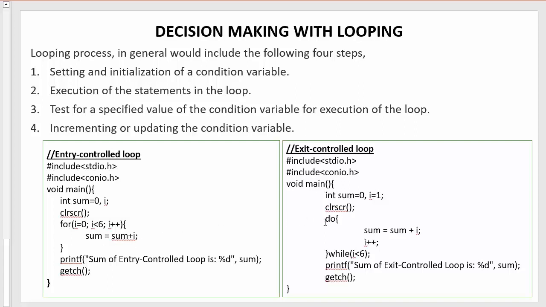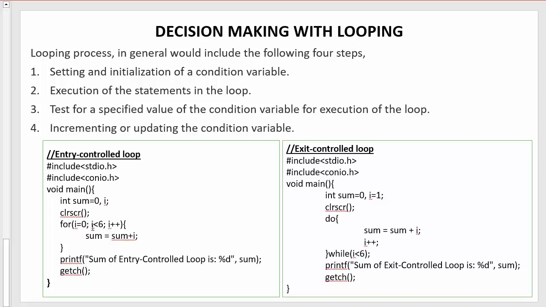So I am trying to make the sum of numbers from 0 to 5. Here I have included the header files and then void main. Then I have declared two variables of type integer, sum equals 0 and I. Then I am starting a for loop with the initial value I equals 0, because I want to make the sum with the initial value of 0, and I is less than 6.